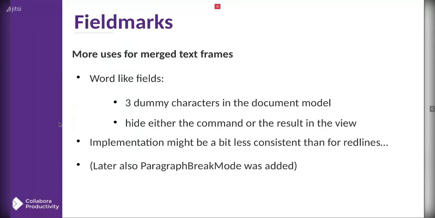But it turns out that Word has a completely different model of fields. The way fields work in Word is that in the document model, there are three dummy characters. There's one at the start of the field, there's one at the end of the field, and there is one in the middle. And the middle one separates the field into a field command and a field result.